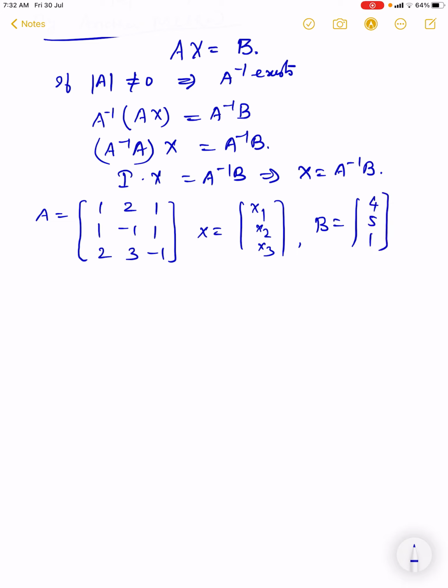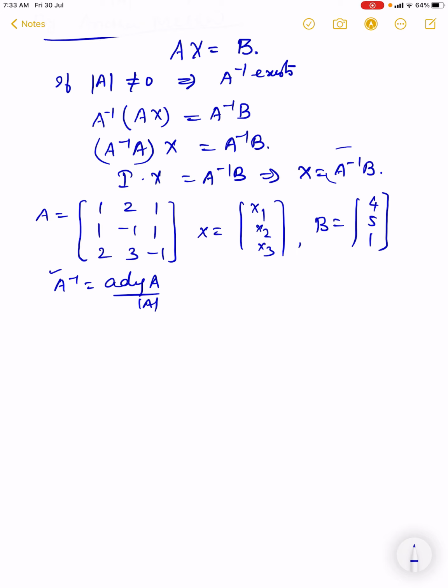So for this method, we have to evaluate A inverse, and this A inverse can be obtained by whichever method you have learned. Suppose A inverse, you know, by the traditional method is adjoint A upon determinant A, or you can evaluate it by elementary transformations or algebraic equations, whatever.